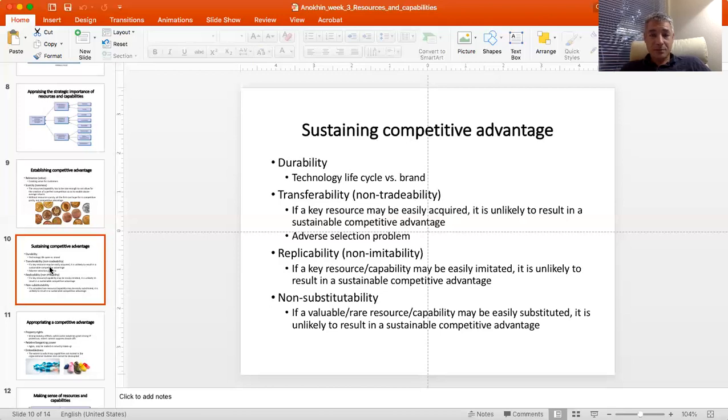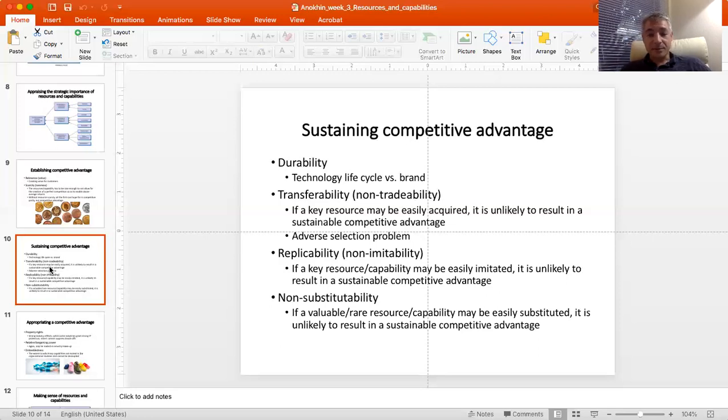So for this reason, this whole idea of being able to buy the resource that would lead to competitive advantage, it's either incorrect in the assumptions, or if the assumptions are correct and the resource is priced adequately, if it's easy to get, it will go away over time quite fast because everybody else can get access to that same resource. The third thing is replicability.